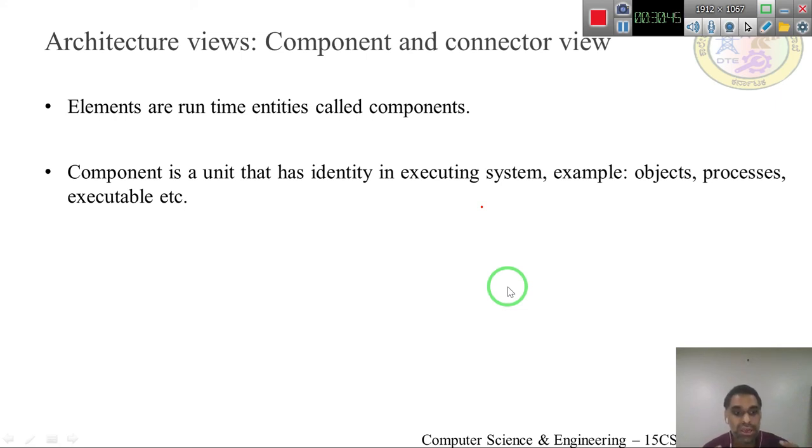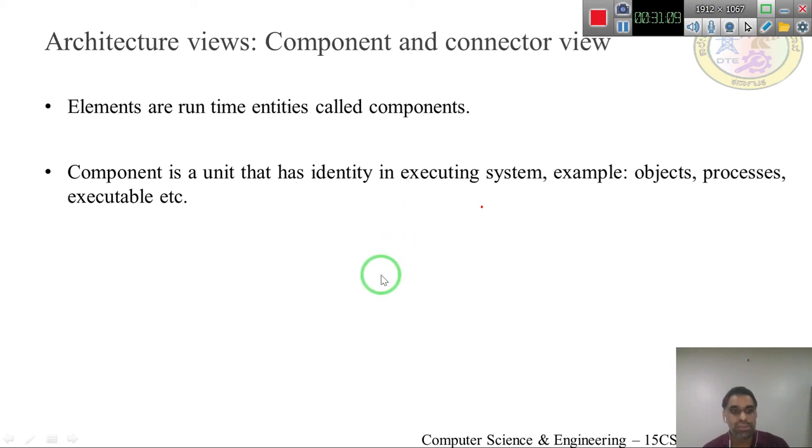Then how data progresses through the system, how data flows from one component to another component in the entire system. Then what parts of the system can be executed in parallel. So basically what I'm trying to tell you is that component and connector view helps you in answering such questions.